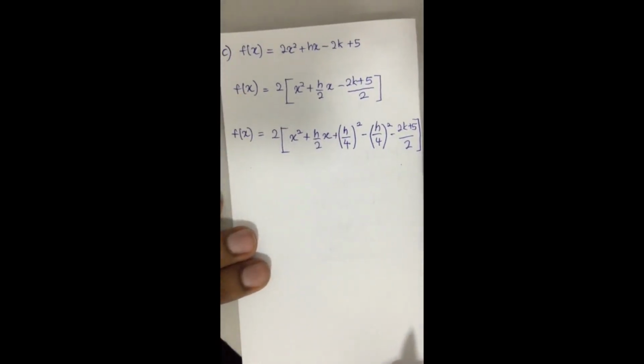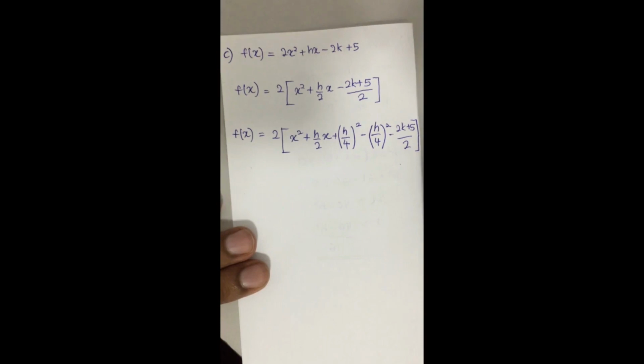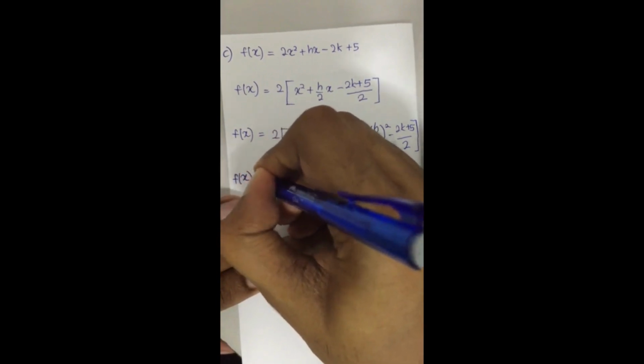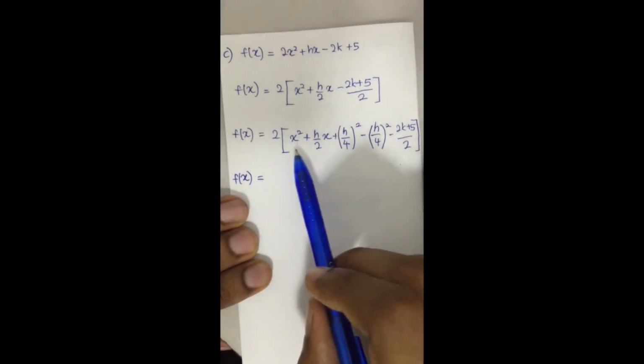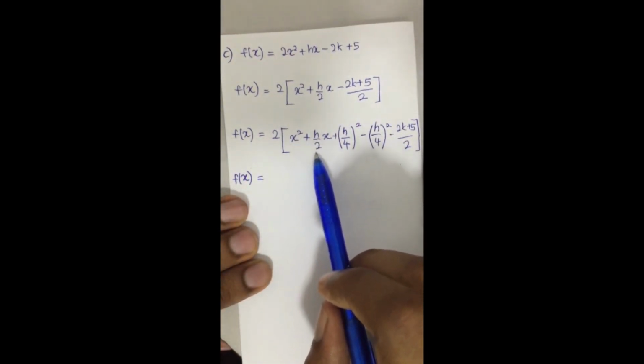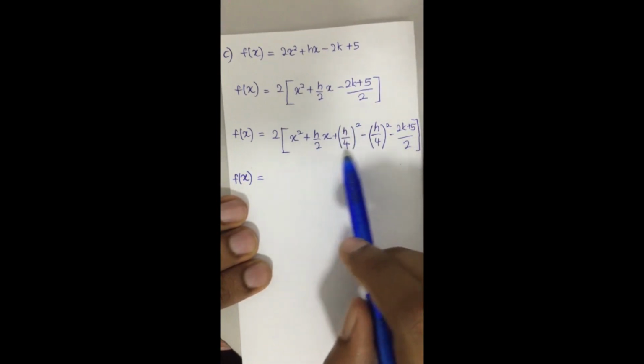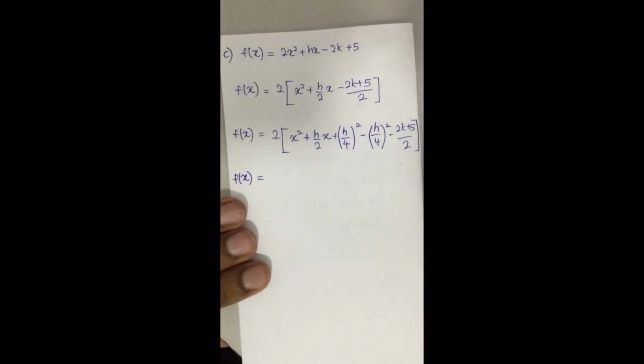Okay, so I hope you understand my working till now. From here, proceed to the next step of working. For the next step, what you're going to do is this x squared plus (h over 2)x plus (h over 4) squared. We're going to reduce it into a quadratic factor of (x plus h over 4) squared. Why are we doing that?